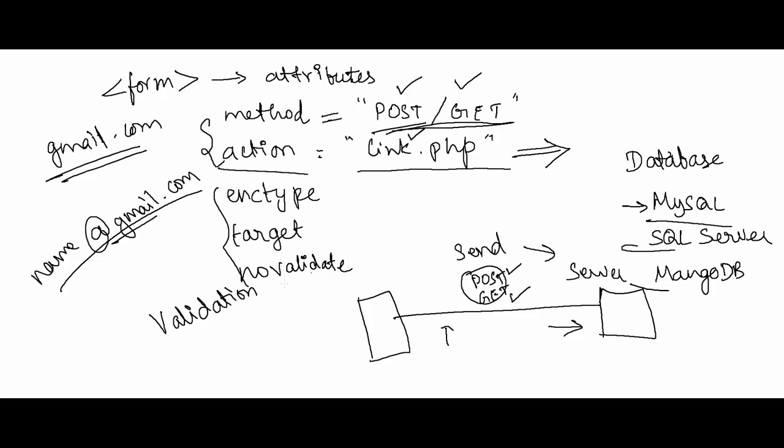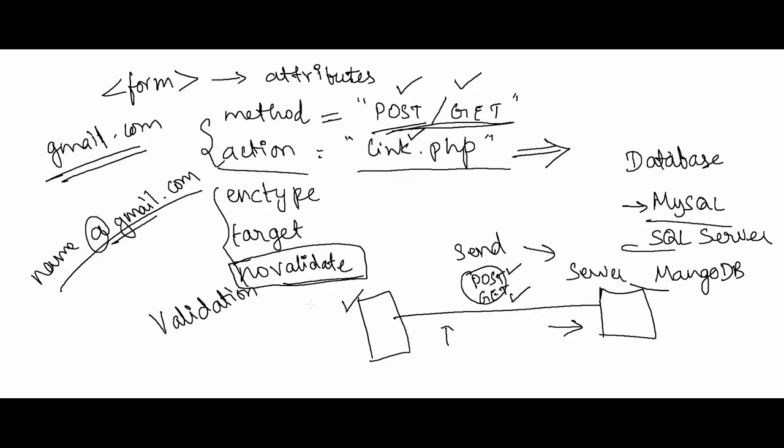Here we have another attribute, novalidate. Whatever we have given in JavaScript for validation purposes, this novalidate will not validate anything, it will just post data to the server. Okay, I am not recommending you to send data from a form without validating, and we have the responsibility to collect data with validation.